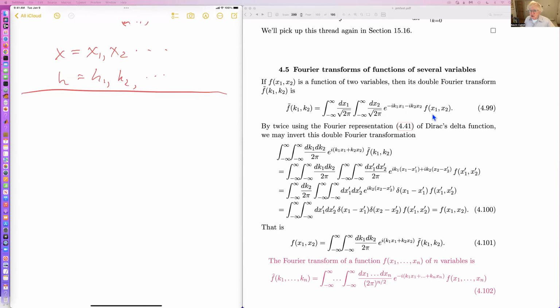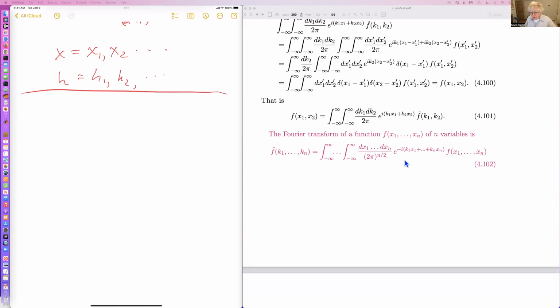Of course, what you do is you just repeat what you already learned for the case of one Fourier transform. You just do it for two, and you can then go for n Fourier transforms.